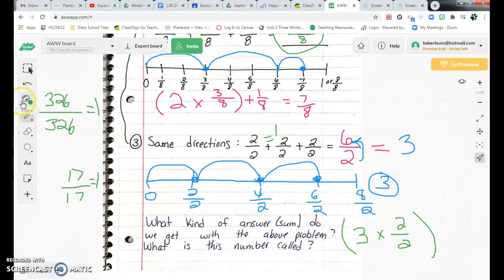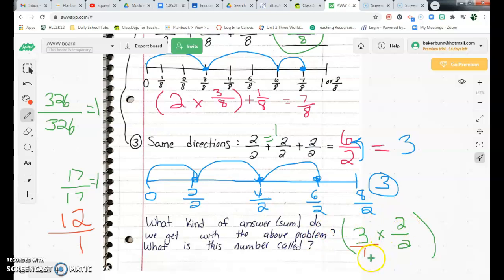Now, to solve the multiplication aspect of it, whenever I'm multiplying a whole number by a fraction, I always put that whole number over the number 1, because 3 over 1 is 3. 12 over 1 is 12. 15 over 1 is 15. Any number over 1 is itself. So if I took this 3 and put it over 1, then I can multiply straight across.